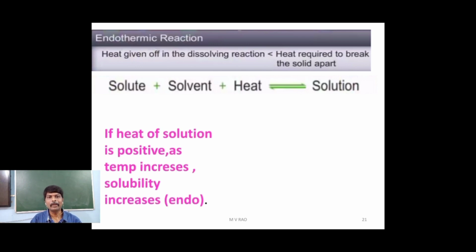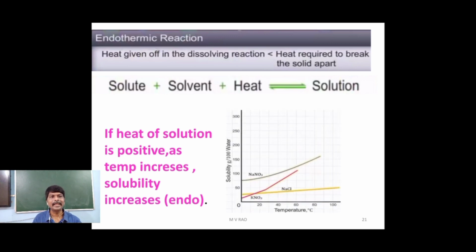So it is endothermic. For endothermic, according to Le Chatelier principle, high temperature is required. That means as you increase temperature, solubility increases. You see the graph, it is a rising curve. For endothermic solutions, as temperature increases, solubility increases.